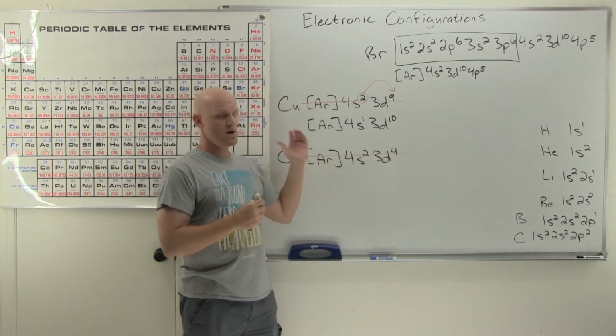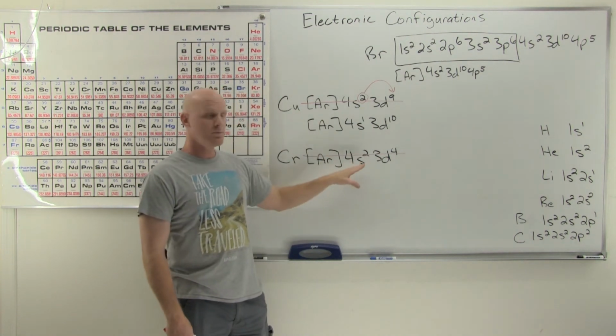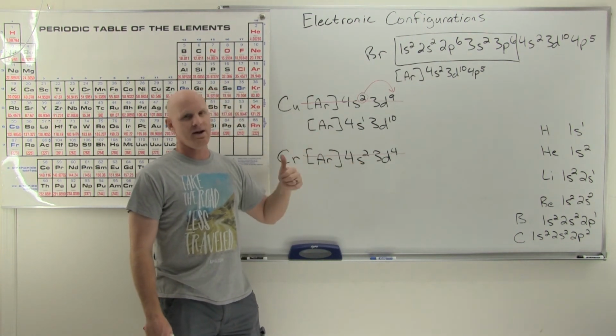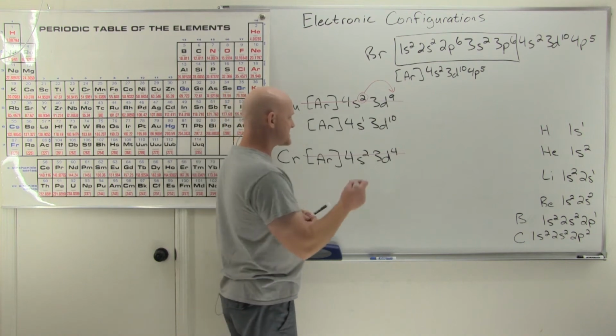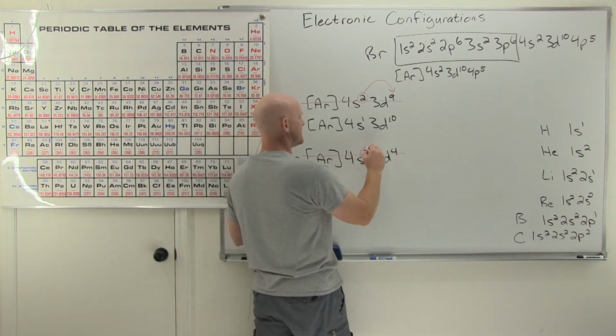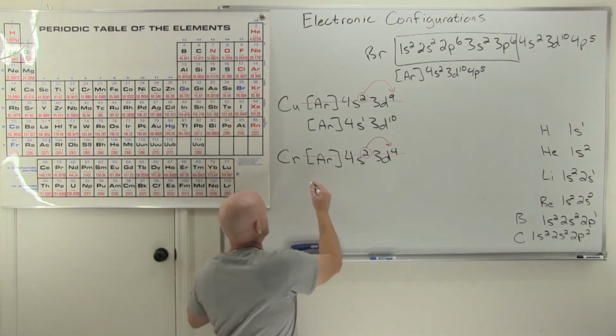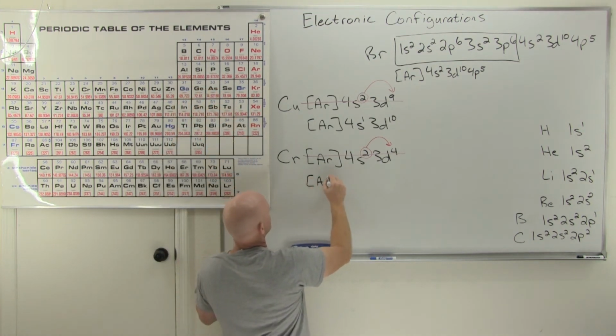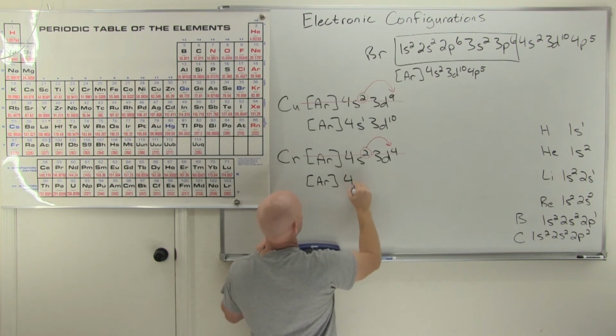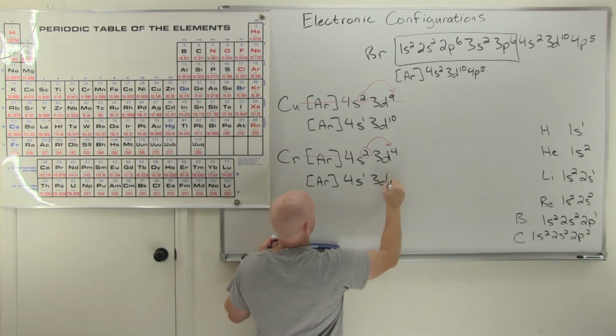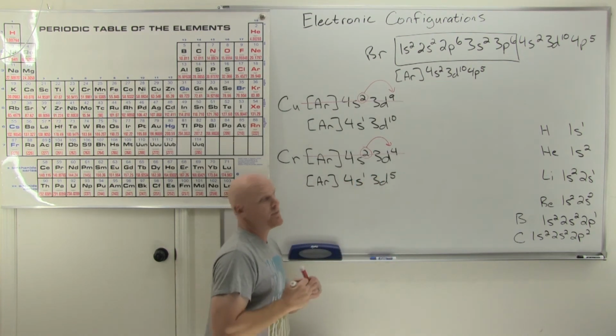This is wrong. It's an exception. If we just follow the normal rules, we'd go here, and it's not right. In this case, chromium does the same thing copper does. It's going to steal one from the s and put it into the d. The actual ground state electron configuration for chromium then is 4s1, 3d5. And you can see why we do this.